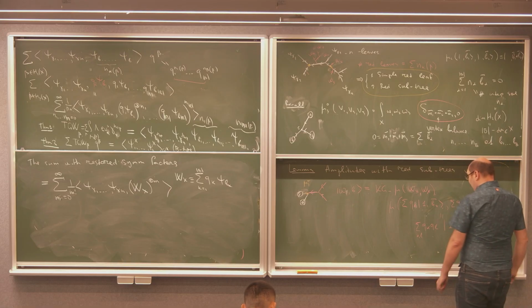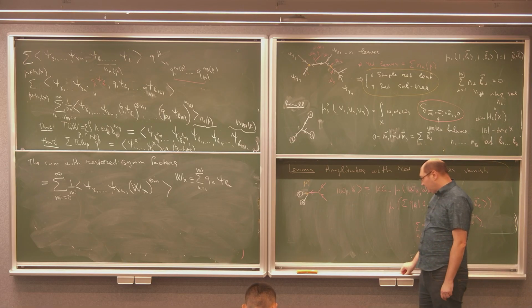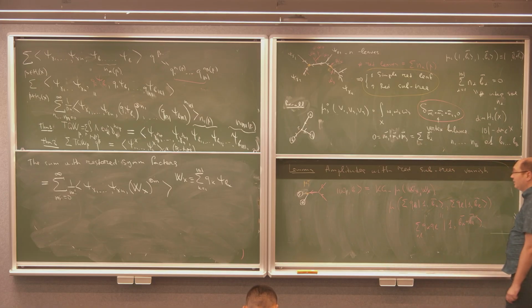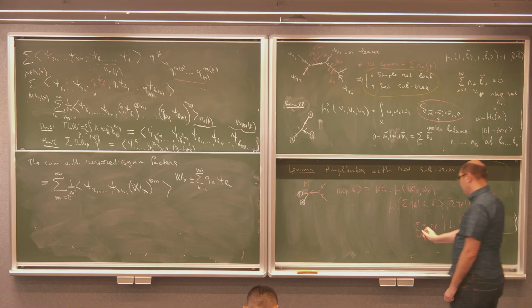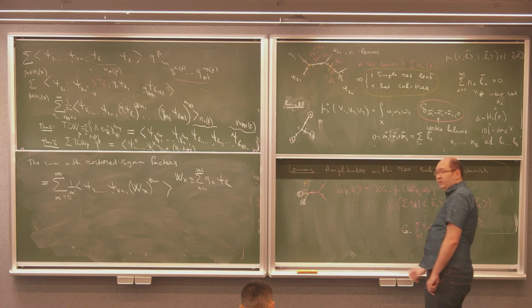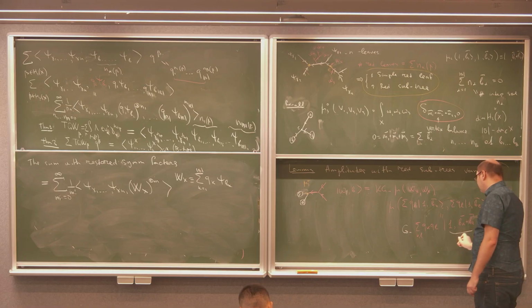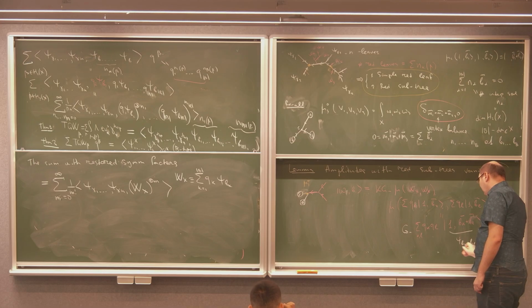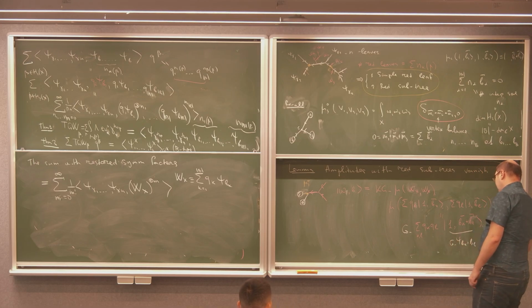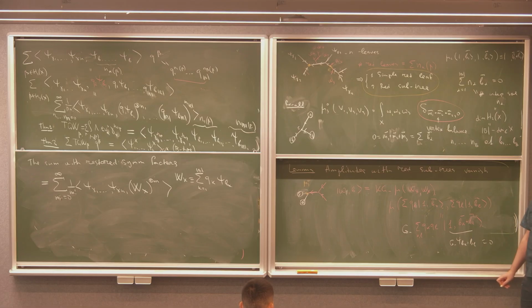But remember, when we introduced these states, we noticed that they are annihilated by g minus. So this state is essentially psi of bk plus bl, and g minus acting on it gives 0, because the differential form is a degree 0 form, and there is no way to lower the degree.